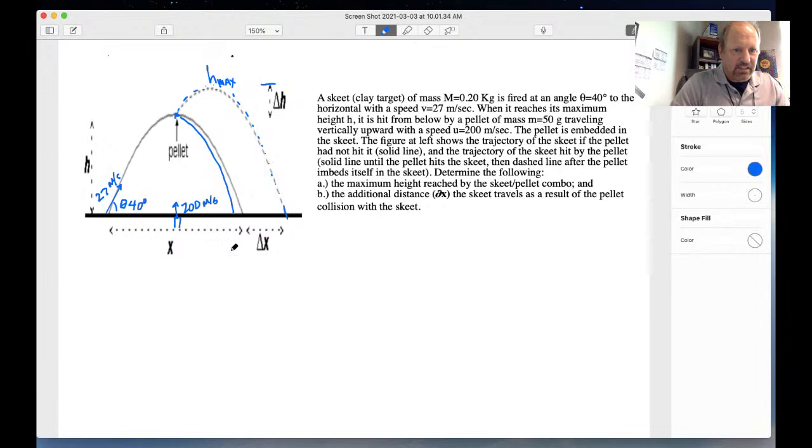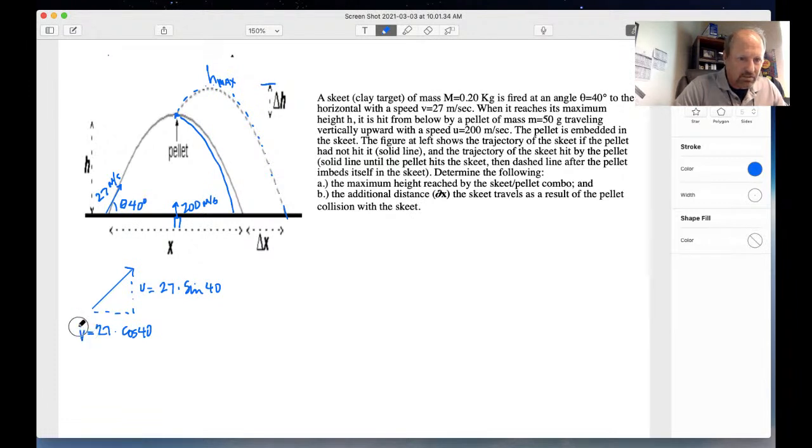We start this by saying the 27 meters per second can be broken into horizontal and vertical components. So the vertical component, the velocity in this direction, is 27 times sine of 40, and over here it's 27 times cosine 40. The horizontal velocity is this way, vertical is this way.